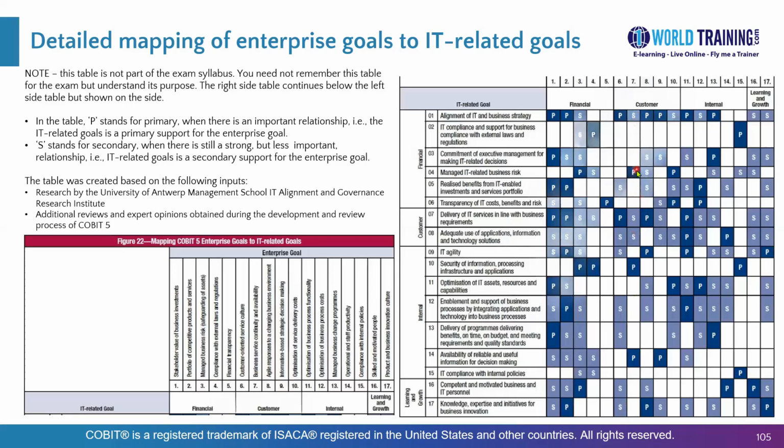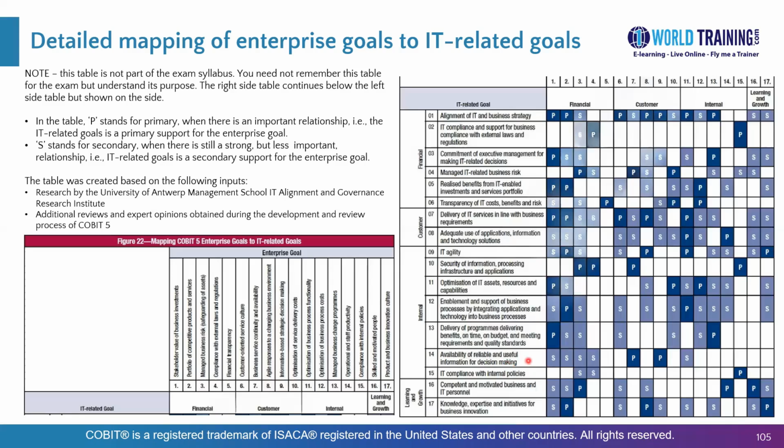Now let's focus on the letter P. The first letter P is coming at number 4, the IT goal, which is managed IT-related business risk. Then if I go down further on the P's and S's, we see the next P is appearing at number 10, security of information, processing, infrastructure and applications. And then further down one more P in column 7, which maps to row number 14, availability of reliable and useful information for decision making.